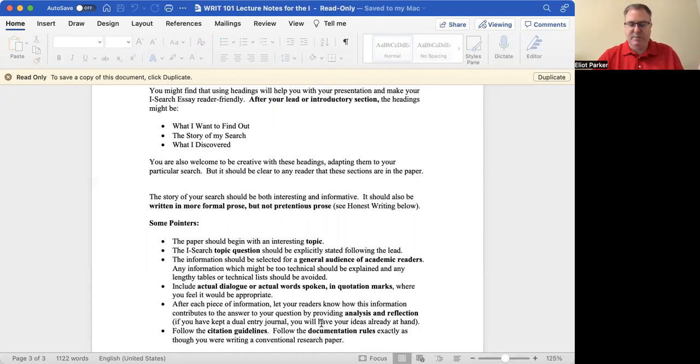And again, we've talked about the general audience and about using academic language. You're welcome to pull direct quotes from your sources, and we'll talk a little bit more about that later if you're unfamiliar with it. You also want to make sure that you follow the citation guidelines, and we'll talk more about in-text citations and the works cited page in the next module. Some of you have a good background in that, and some of you are a little unsure about that.